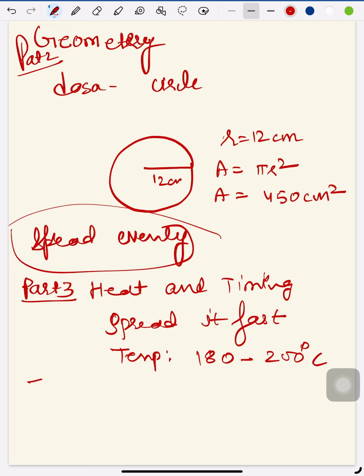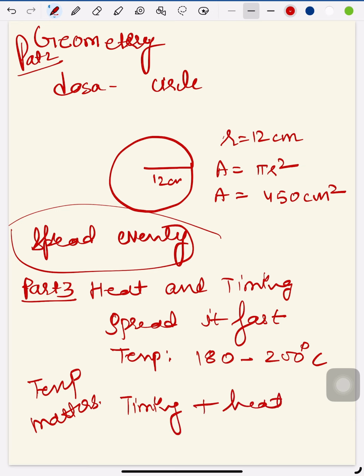Always remember, the temperature matters. Okay, so if you use the perfect timing and heat, that gives you crisp perfection.